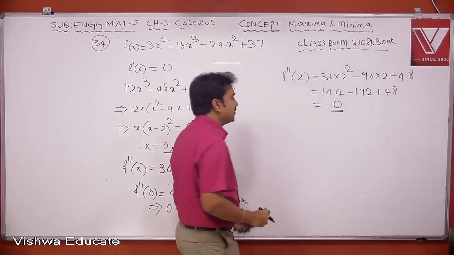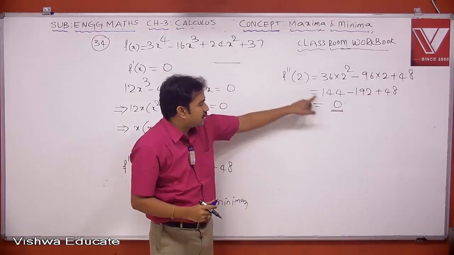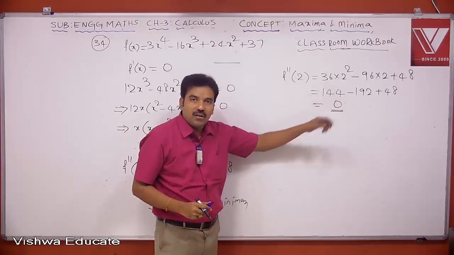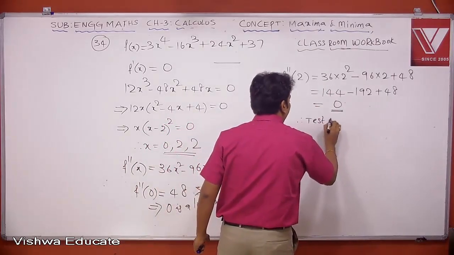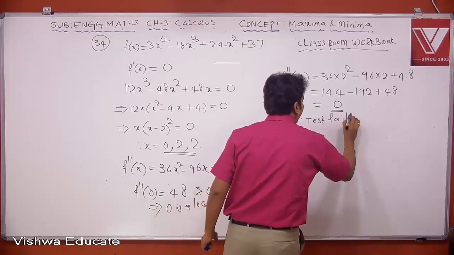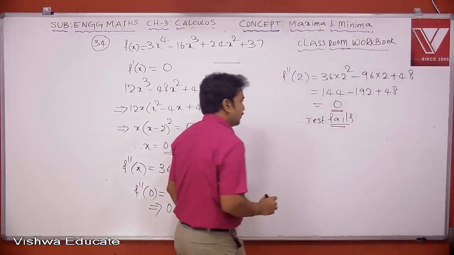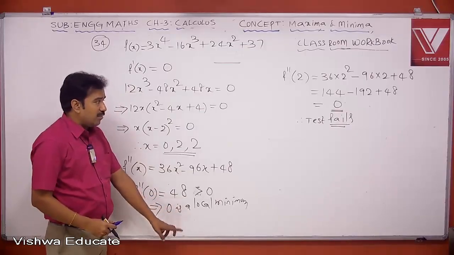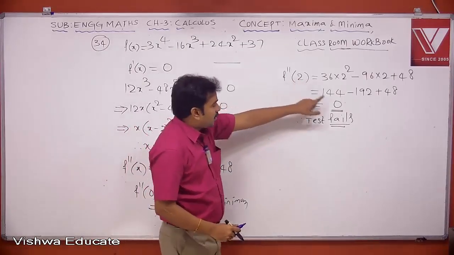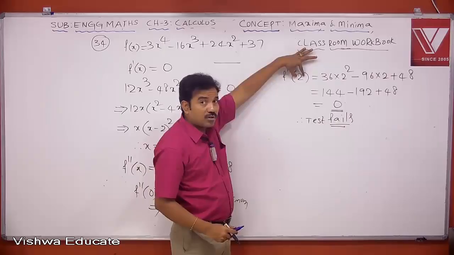Now this is the drawback. The second derivative at a stationary point is 0. That means the test fails. Test fails means we cannot conclude directly about this point. But we got 0 is a local minimum. So f double dash of 2 is 0. Therefore, we can't say anything about this point 2.